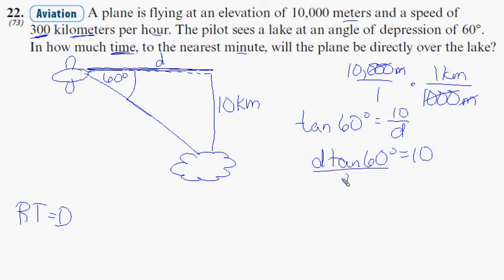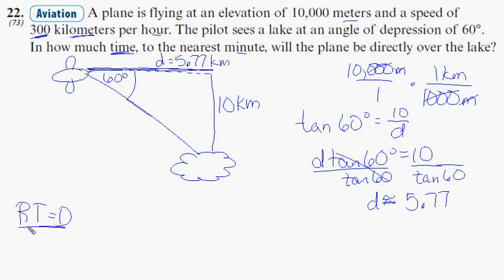So that means we're dividing both sides by tangent of 60 if you're showing your steps, which I suppose you should be, because you know I keep telling you to do that. So D is equal to 10 divided by the tangent of 60 degrees, which I show to be 5.77, approximately. Now, I'm going to leave this in my calculator so that I don't lose any accuracy. In fact, I'm going to store it in my calculator so I've got it. And this is in kilometers, right?